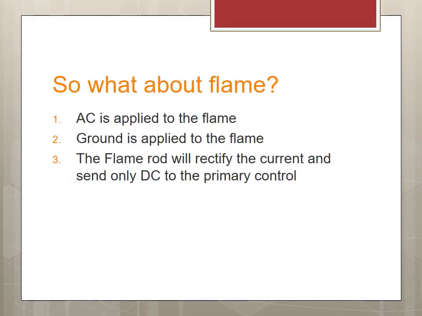So what about the flame? What does that have to do with the flame? AC is applied to the flame. There's a ground applied to the flame as well. The flame rod will rectify the current and send only DC to the primary control.